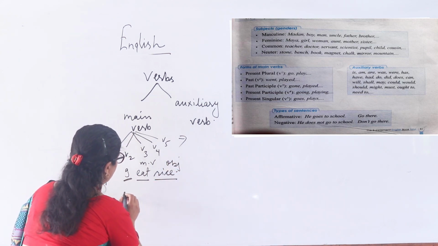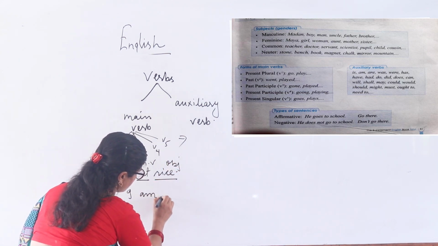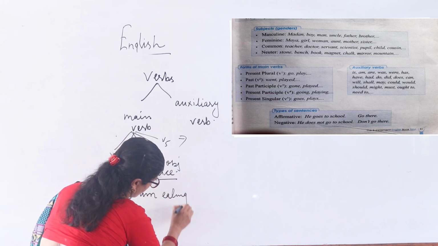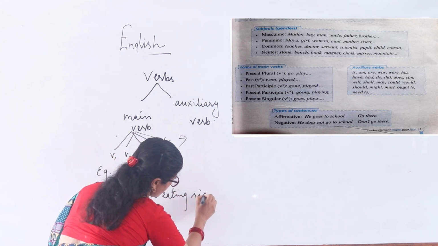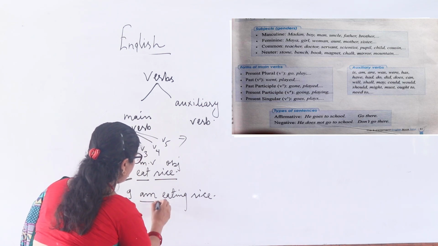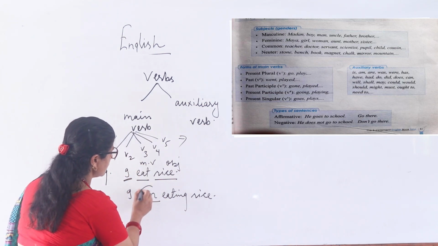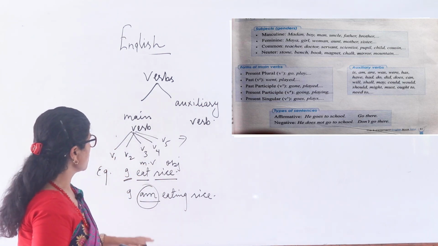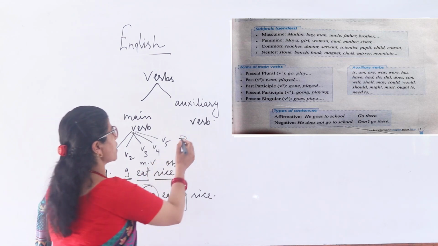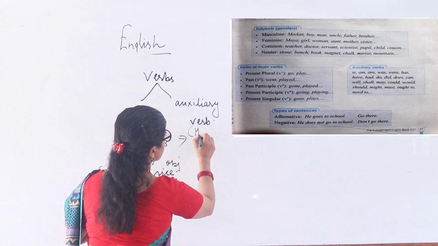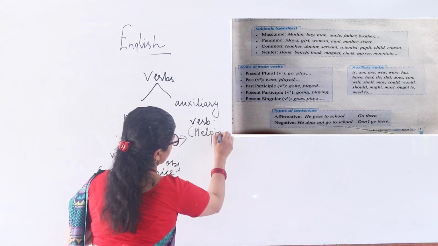And if you say I am eating rice, you can see am is auxiliary here, and it is used to form the tense. So this verb is also known as helping verb.